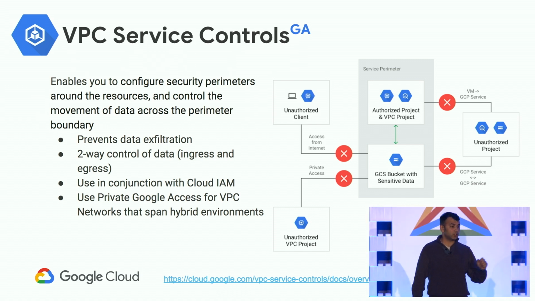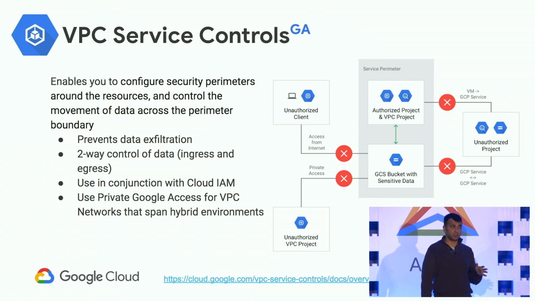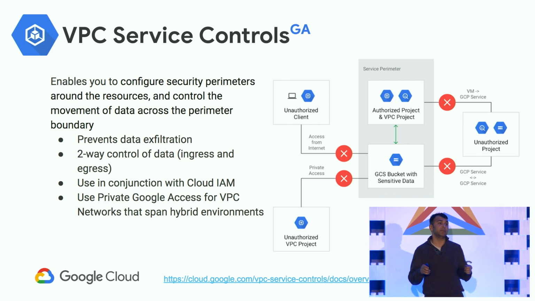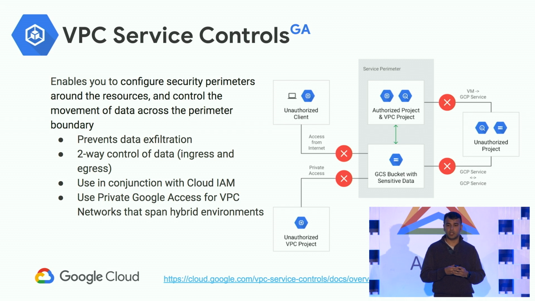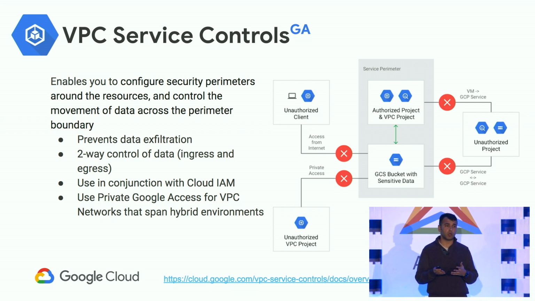Thank you. This is one of my most favorite features. VPC Service Controls enables you to configure security perimeters around your GCP projects and resources, right? So you control the movement of data both in and out of your projects.